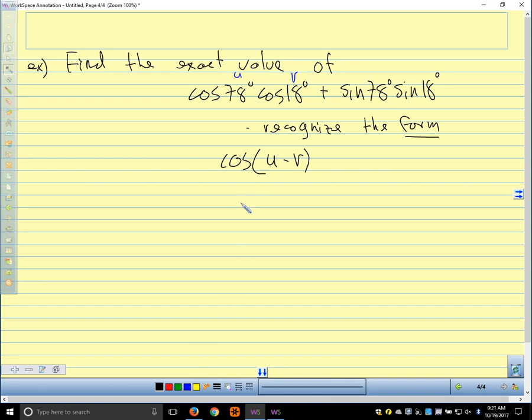So we want to find the cosine of 78 minus 18, which is cosine of 60. And now we have a nice unit circle angle, cosine of 60 degrees, 1/2.